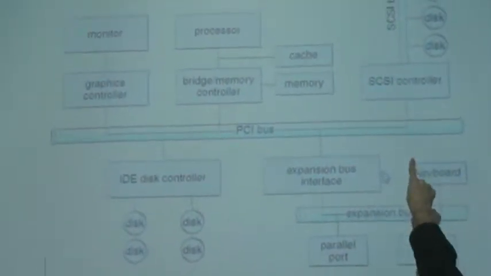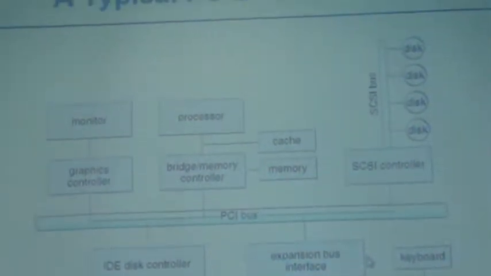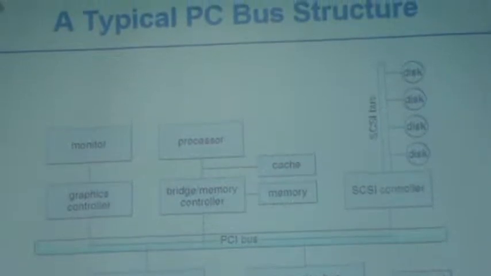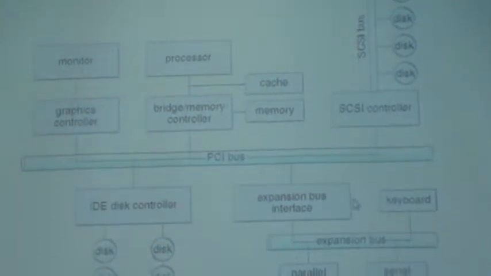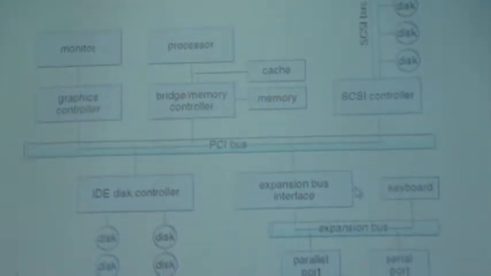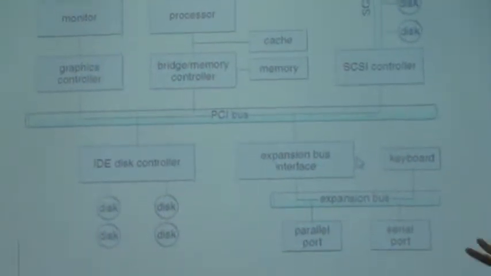Also SCSI manages hard disk drives, mostly up to 15, and the processor goes through the bridge memory controller. Any device in the computer goes through a controller, then connects to the bus, and then they can communicate with each other.